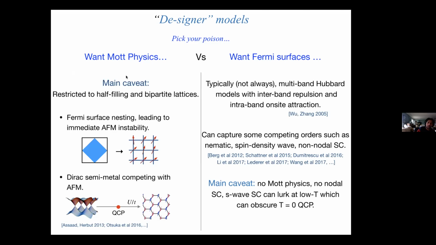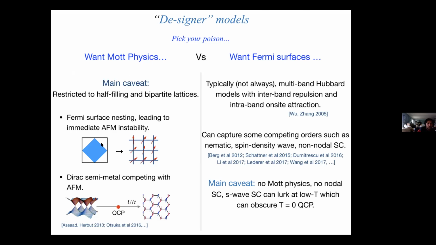So when you want Mott physics, the main problem will be that you can't have, as I said, generic filling. You'll be restricted to some specific filling, for example, half filling on bipartite lattices, so you need some symmetries.